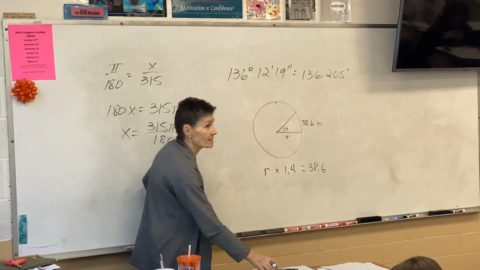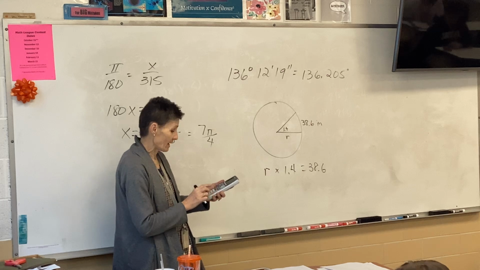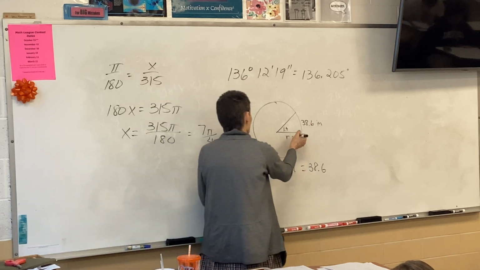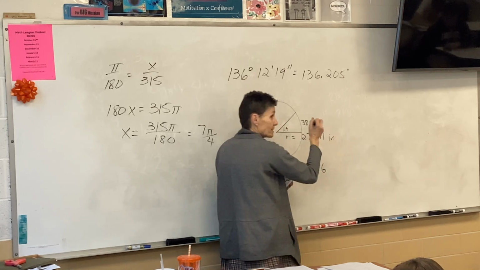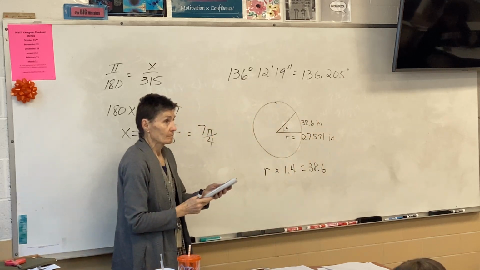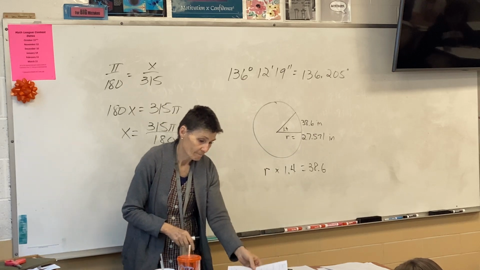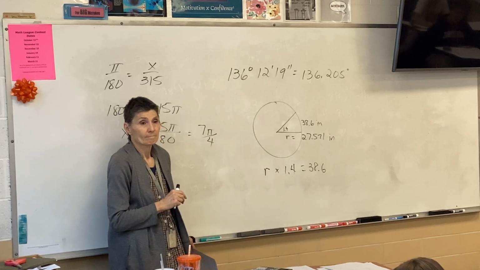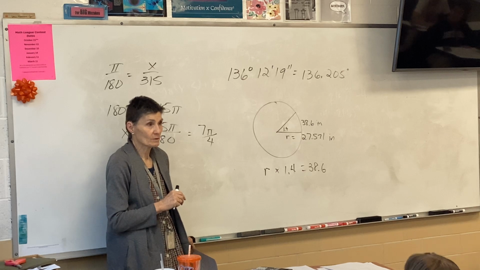So the radius is 38.6 divided by 1.4. I think our radius is 27.571 inches. You good with that, folks?